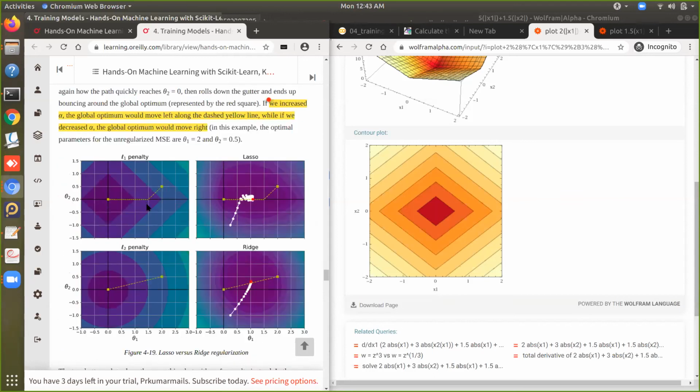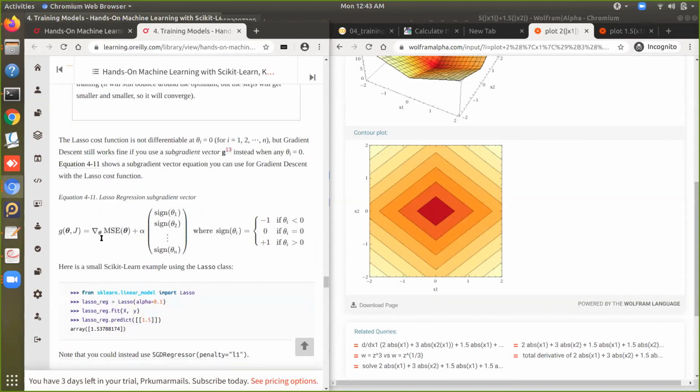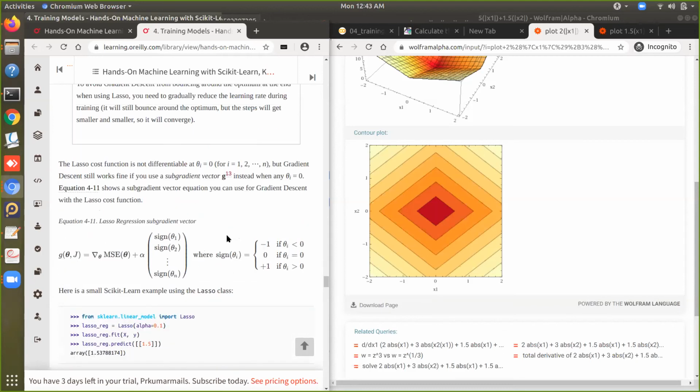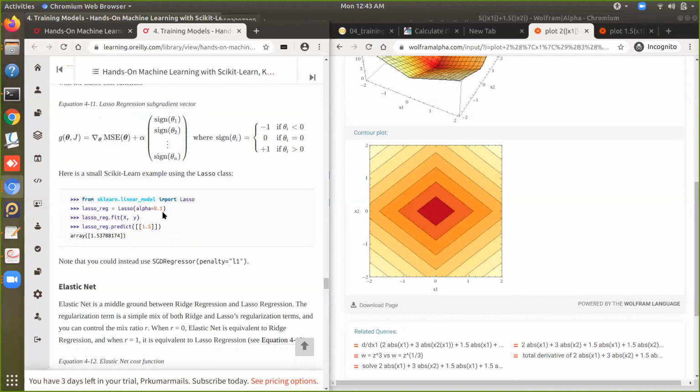So after that, what to do? If it reaches zero, then while taking the gradient we will be using the subgradient vector. If it is zero, then leave it. If it is positive or negative, then change accordingly.